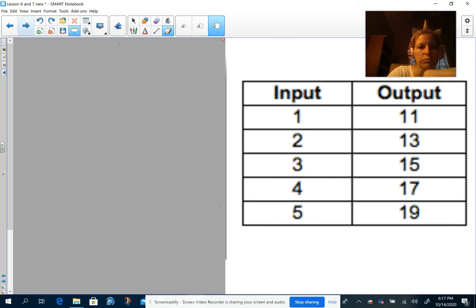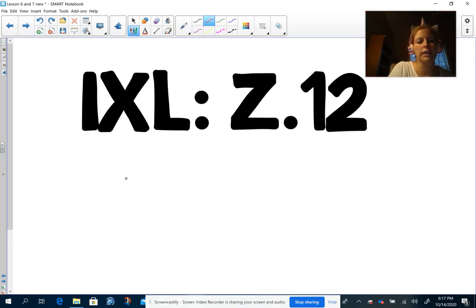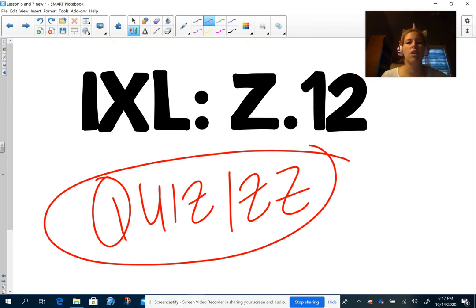So this is where Z12 comes in. But what I want you to do instead, okay? What I want you to do instead is go to your quizzes first, okay? I want you to go to your Test Your Knowledge. And in Test Your Knowledge, you are going to find the rate of change, find the initial value, find the equation with tables.